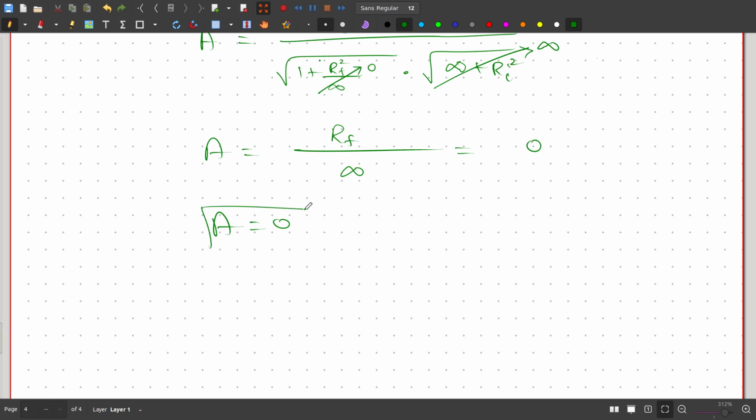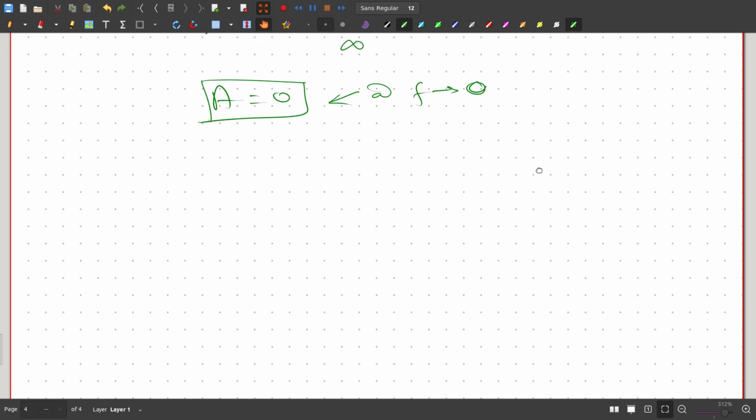Okay, at x tends to 0, this means the frequency is a very low value. In that case, the gain of the amplifier is 0.